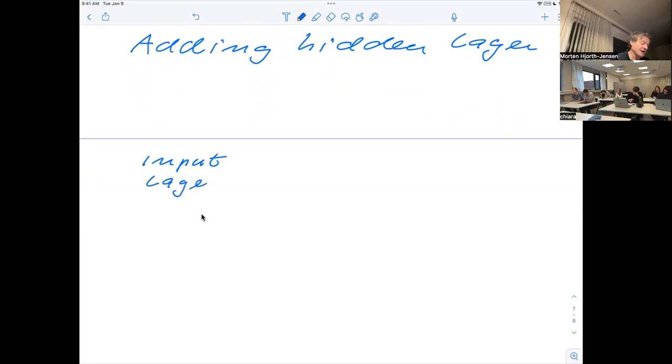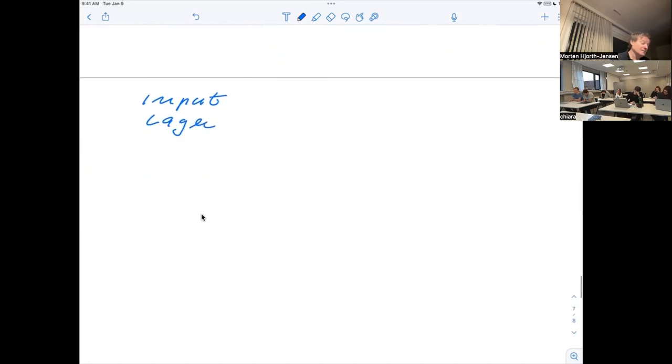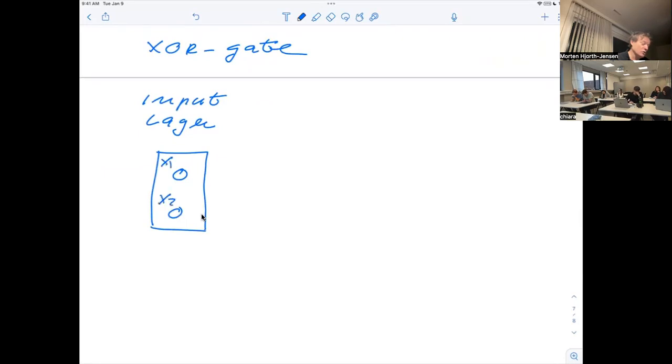And for this specific case, if we just stick with the XOR gate, if we do the graphical setup, we would have an X1 here. This is one node. We call these input nodes or input layers. So we have an input node 1 and an input node 2. Then we are going to have a hidden layer.